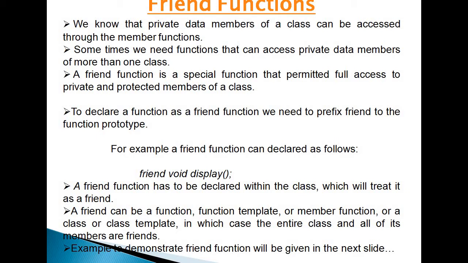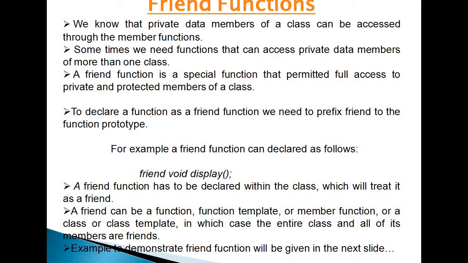So a friend function is a special function which is permitted full access to private and protected members of a class. When a function becomes a friend to a class, it has full access to the private and protected members of that class.